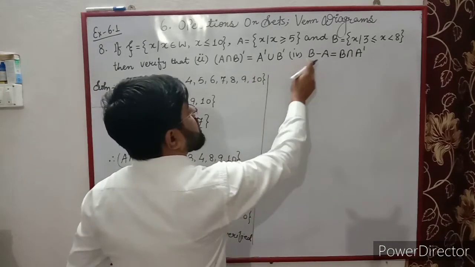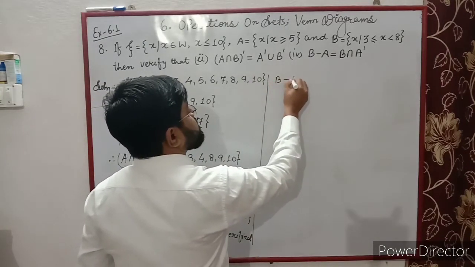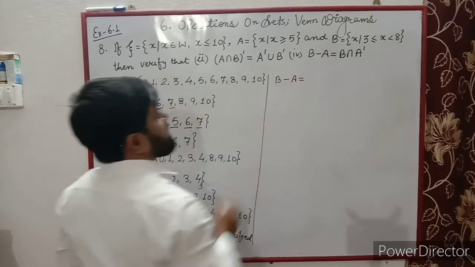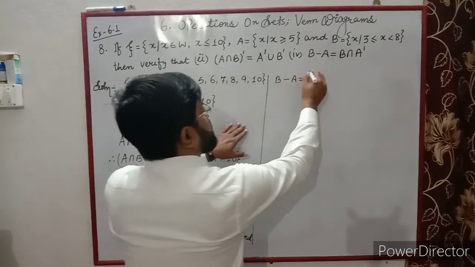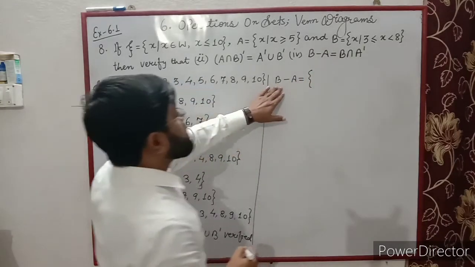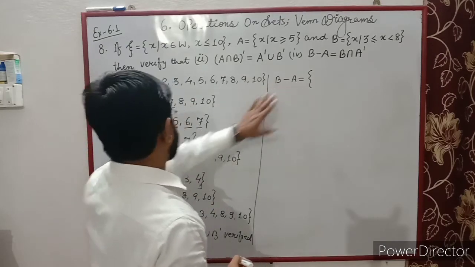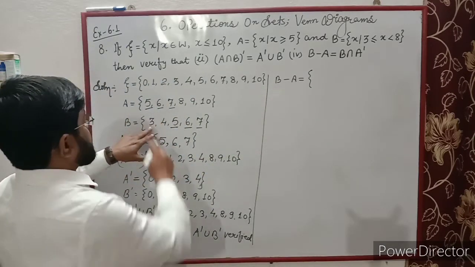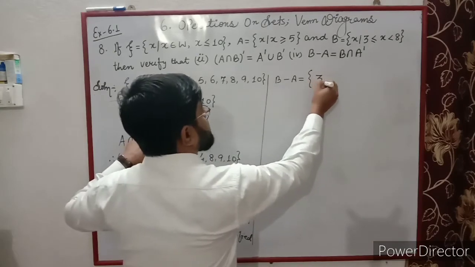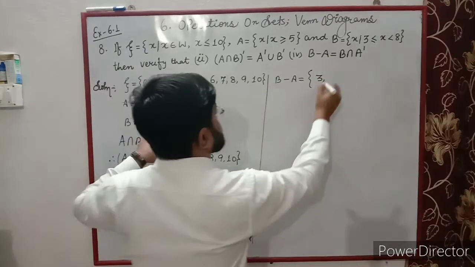Now the fourth part of the question, B minus A. B minus A means write all those elements which belong to set B but not in set A. So 3, 4.